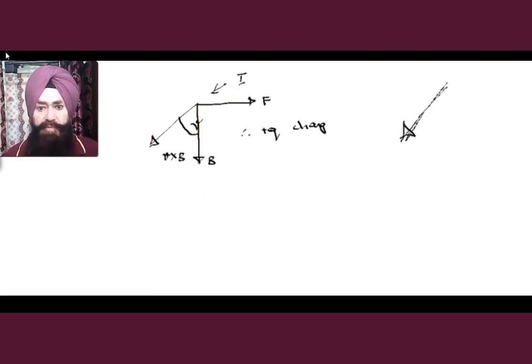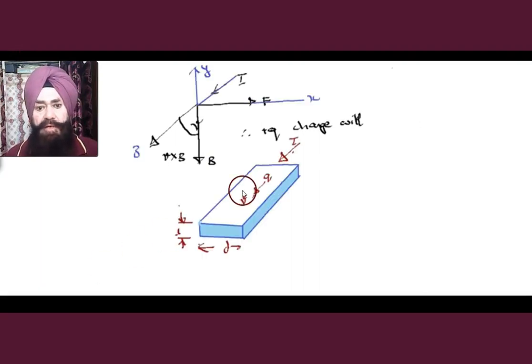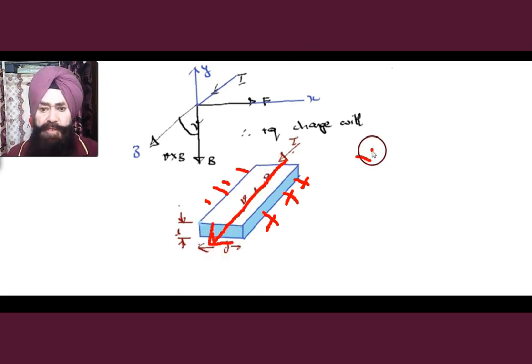But if the charge carriers are positive, what will happen? Then the positive charge will start accumulating here and negative charge left behind like this. Because the current is due to the positive charge, in real practice the positive charges are moving along this direction.